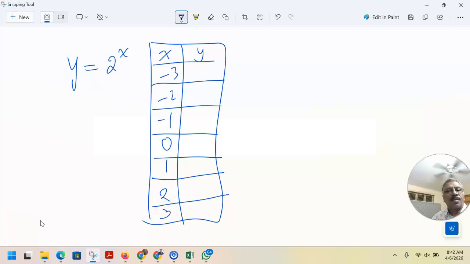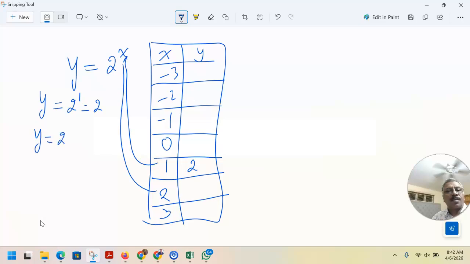So let's plug in x is 1 here. So y becomes 2 raised to 1, and 2 raised to 1 is 2. So the answer is 2. If I plug in x equals 2, this will give 2 raised to 2, which means 2 times 2, which is 4.